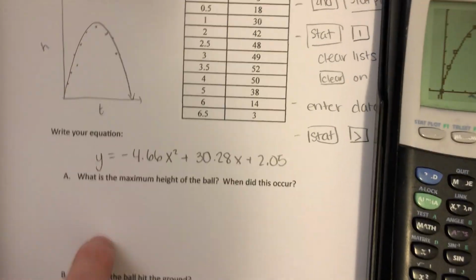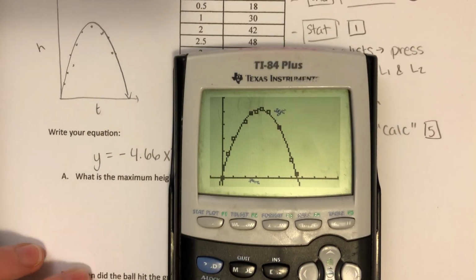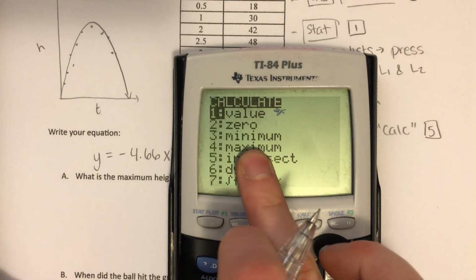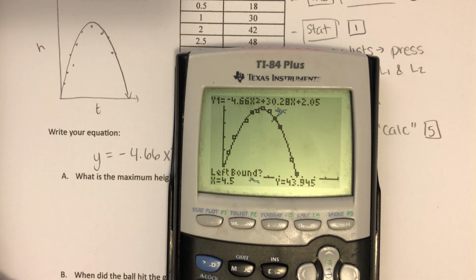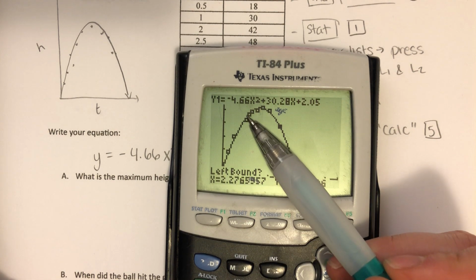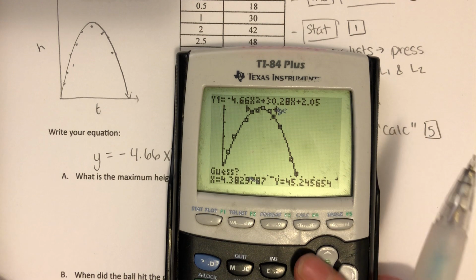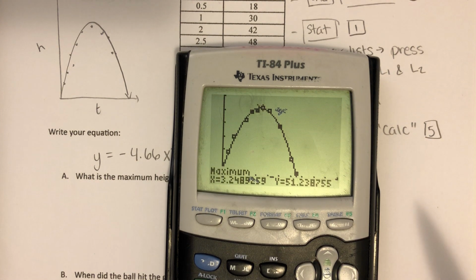Okay, what we're going to do is figure out the maximum height of the ball. So to do that, we're going to use second calc and use this maximum feature, number 4, that we went over yesterday. And we want that maximum part of the parabola, so it asks for a left boundary, so we need to go to the left. And then it asks for a right boundary, and then a guess can be anywhere.